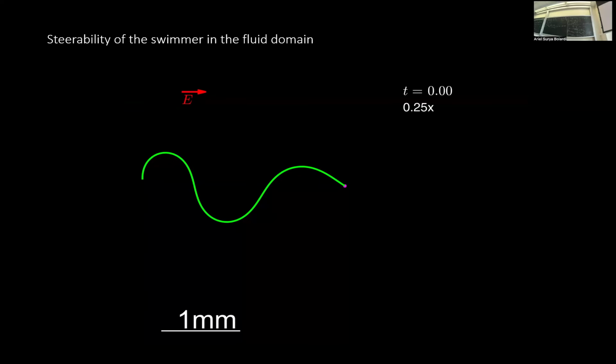And also there is an angular velocity of the electric field beyond which the swimmer cannot follow the field. Strange things happen. But maybe it would be interesting to characterize these things.